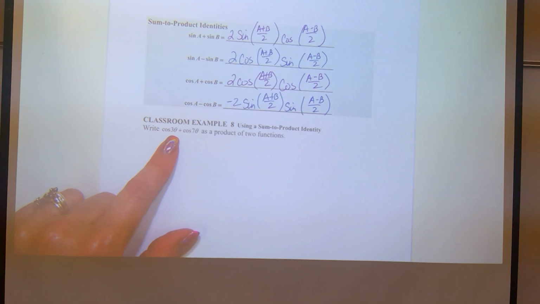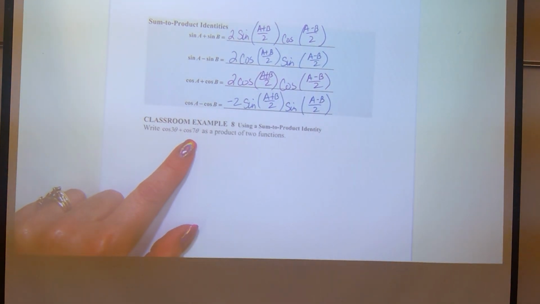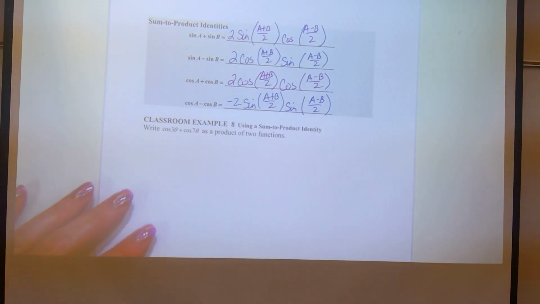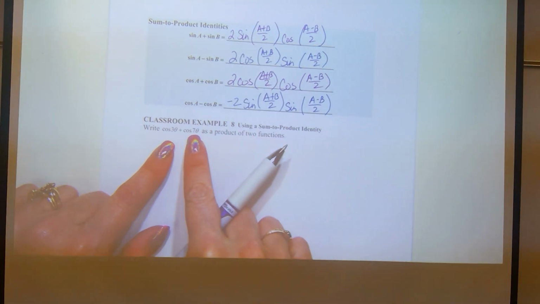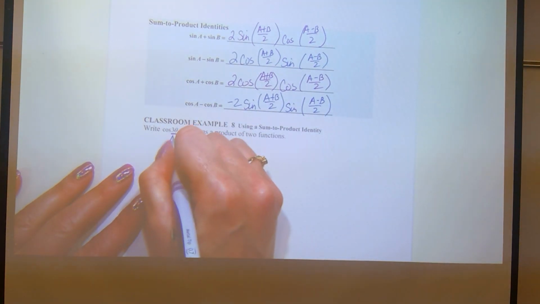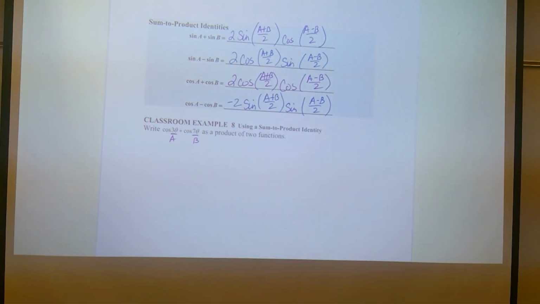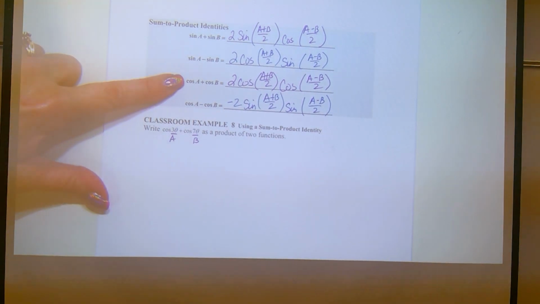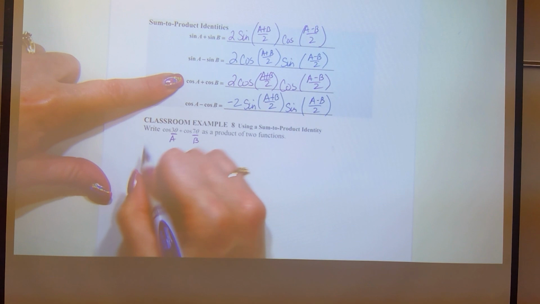We're given cosine 3 theta plus cosine 7 theta. Well, identify, I've got cosine plus cosine, where 3 theta is A and 7 theta is B. Cosine A plus cosine B is this third identity down.